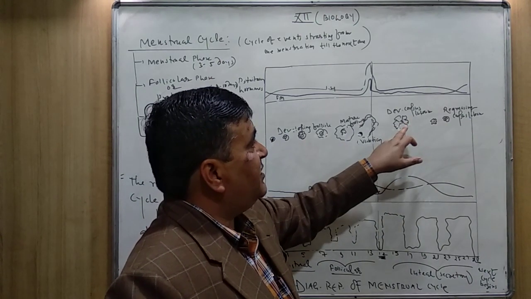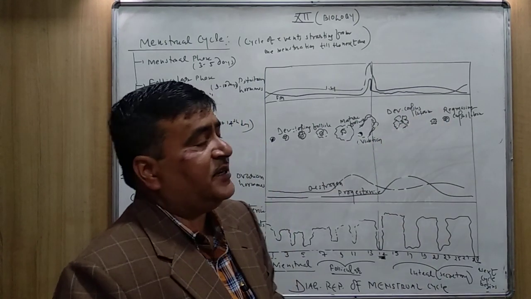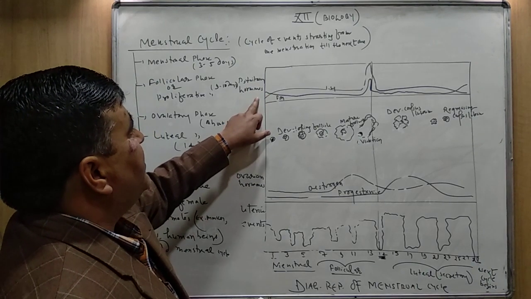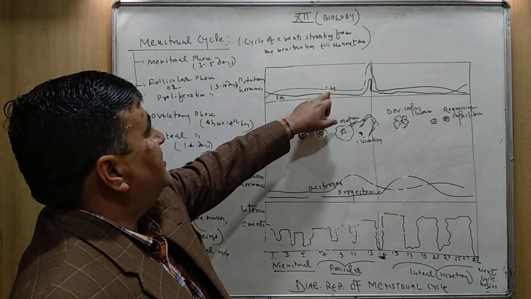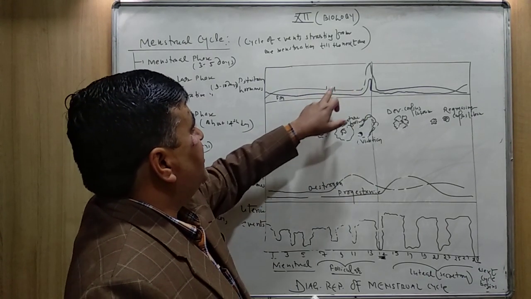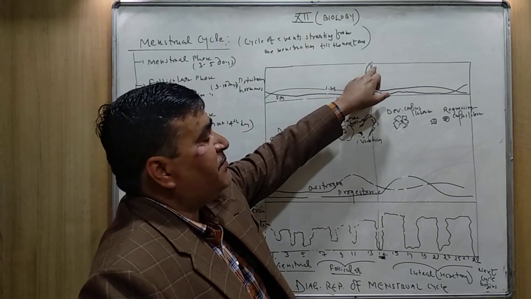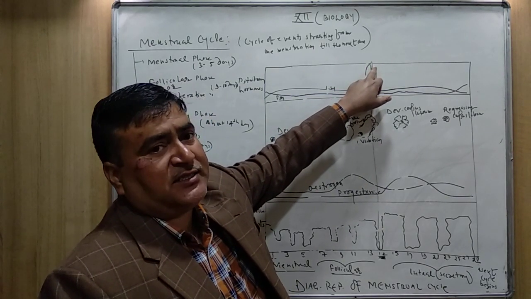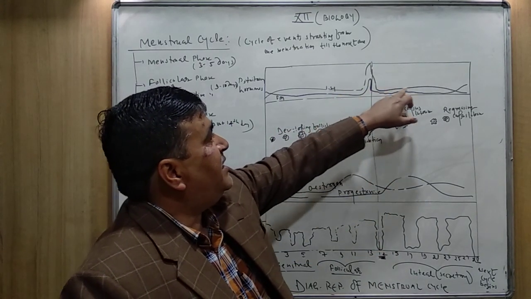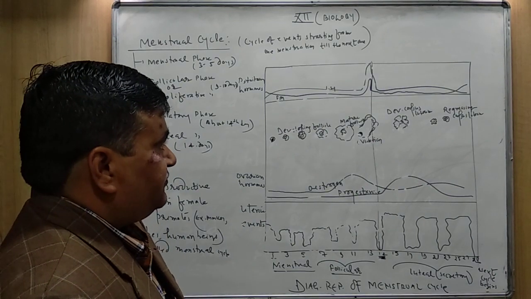And if the process of fertilization doesn't take place, then the corpus luteum is further degenerated. Here these two hormones are there, FSH and LH. The LH and FSH both are secreted by the pituitary gland, but LH is at its peak. This is called LH surge in the mid of the menstrual cycle, 14th day, and later on its concentration becomes low.